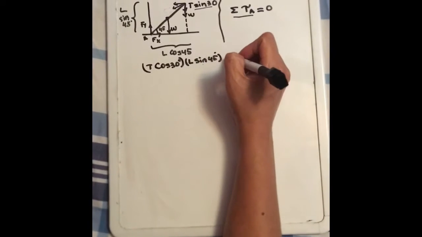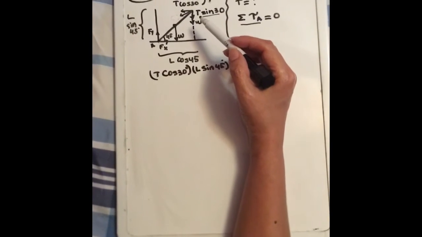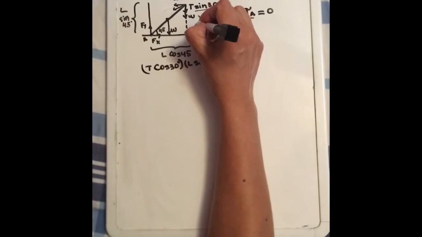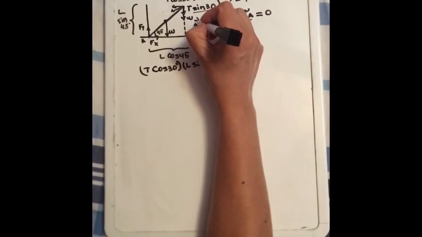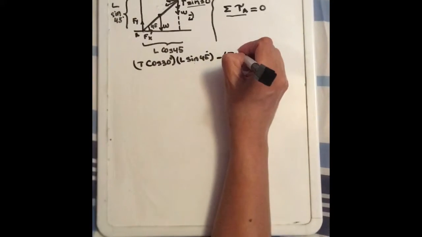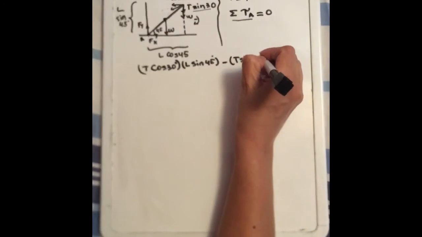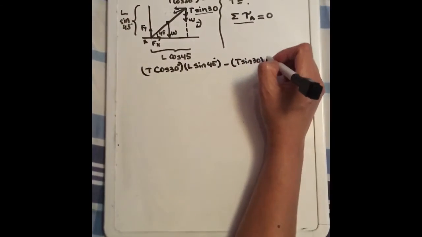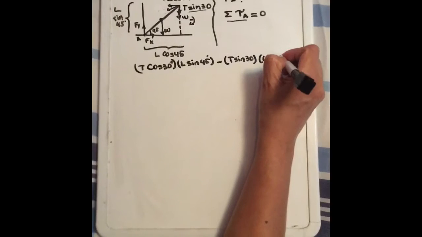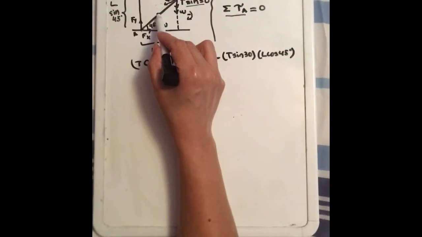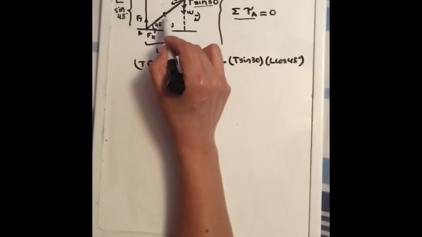Then we go for the next torque. The next torque is this way, which is in a negative direction. So it will be minus T sine of 30 degrees times this distance L cosine of 45 degrees. Then we go for this torque as well.